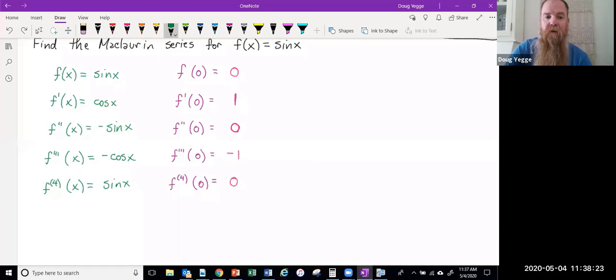Okay, so we're now ready to come up with the approximation for f of x equals sine x. But sine x apparently has no constant term, right? So I'm going to continue to write these. I'm going to say that it has no constant term.